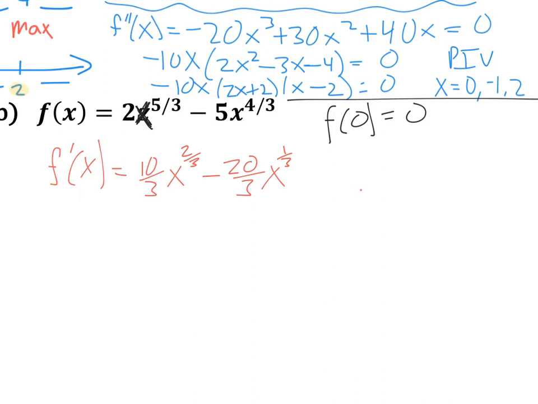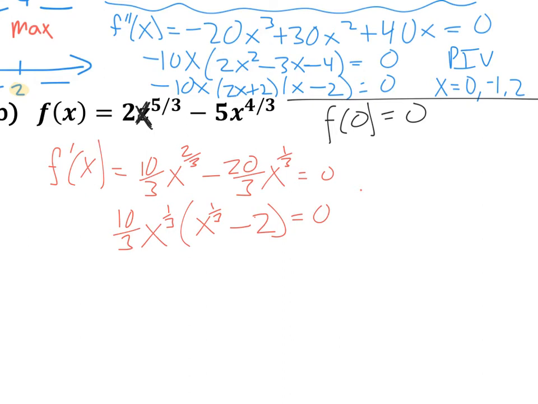And, all right, so we want to set this equal to 0. Let's find our critical values here. So in order to do that, let's maybe factor. Factor out x to the 1/3 because it's the smallest. And let's take that negative or positive 10/3 while we're at it. Why not?